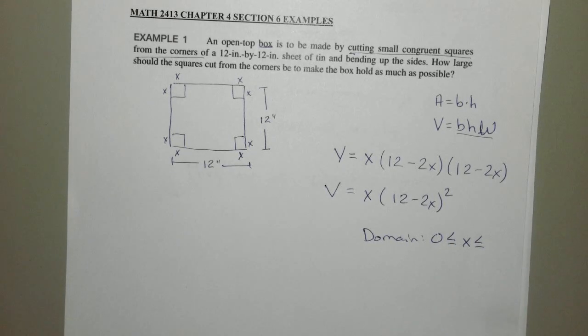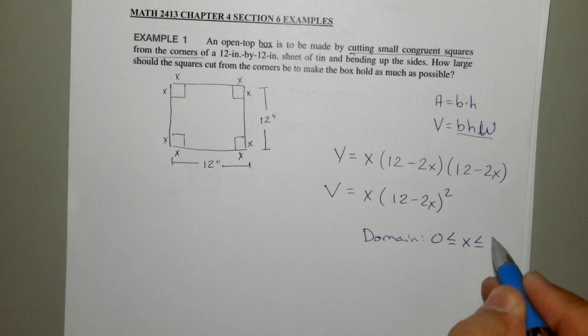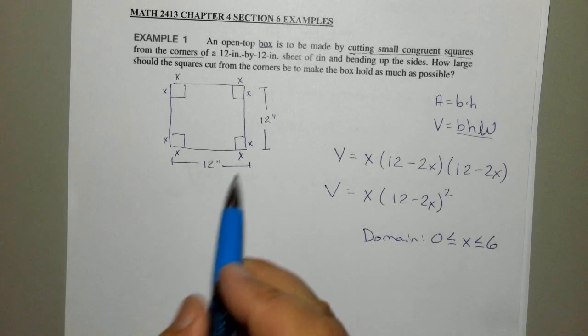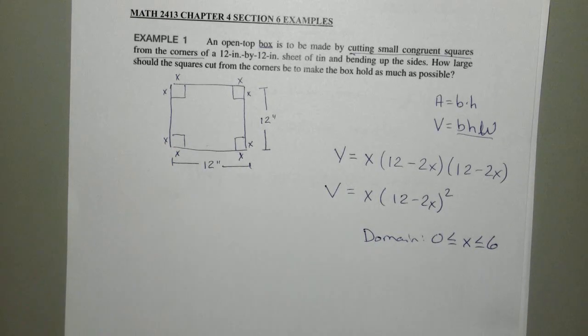How big? Remember, you have to take the same amount from both corners. How big can each corner be? Maximum is 6 inches, yes. Because if this corner is 6 inches and that's corner, that takes care of the entire side.